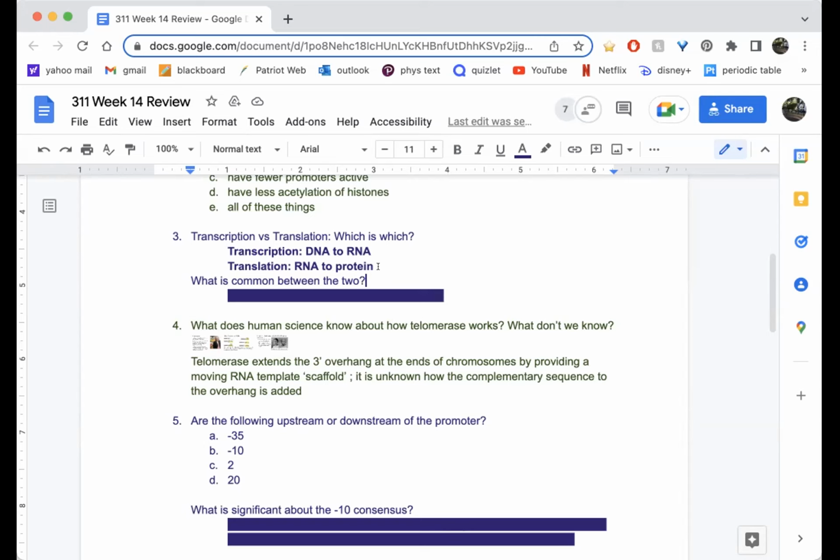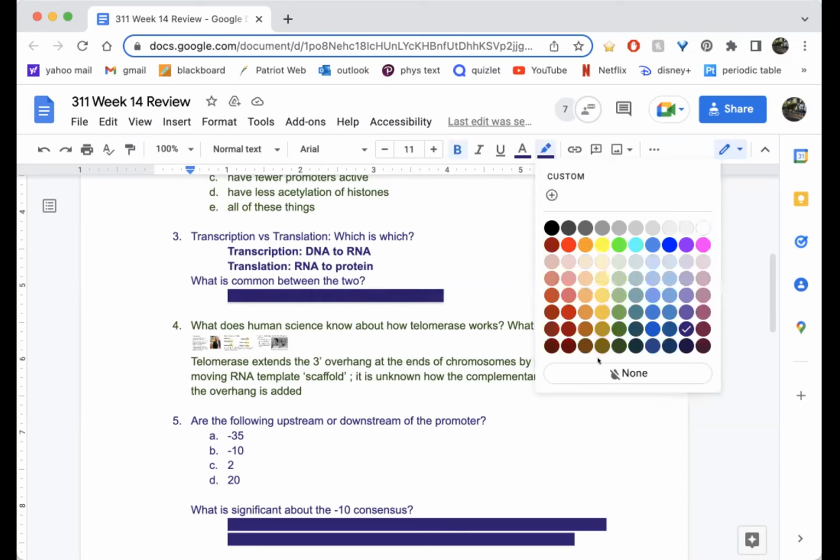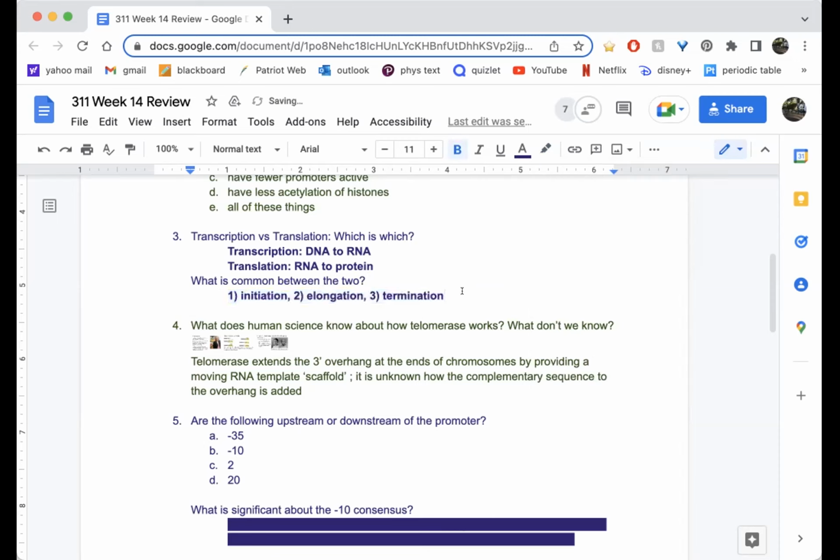This is kind of a vague question, so instead of trying to make you figure it out, I'm just going to give it to you. The processes that are common between the two are initiation, elongation, and then termination.